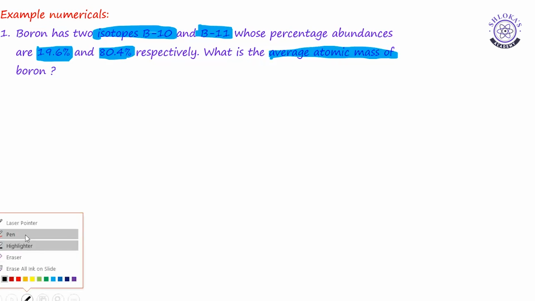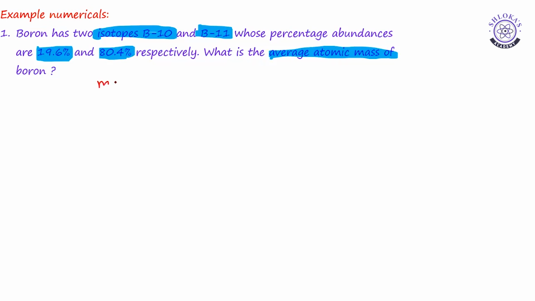The m value is 19.6% with mass number 10, which is with respect to boron 10. That means boron 10 is available in nature with a relative abundance of 19.6, whereas boron 11 is available with a relative abundance of 80.4%, and its mass number is 11.